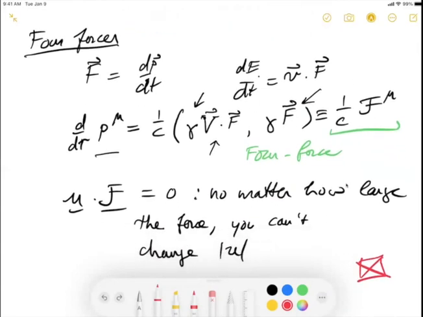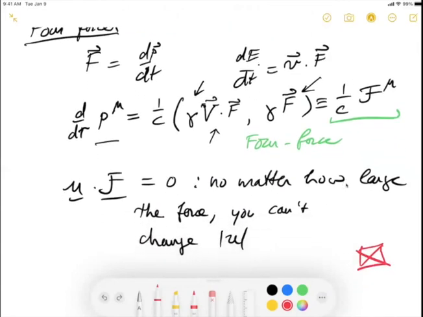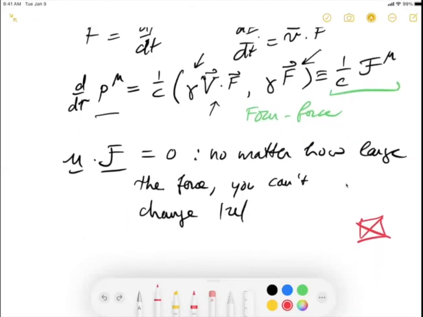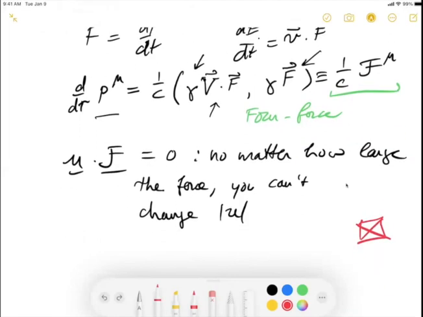And the spatial part is just a regular dp dt, which is gamma times f. And you get your 4 force. And then finally, if you work out that dot product of u dotted with f in the Minkowski force space, you'll end up getting 0 again, because no matter how big your force, you can't change the length of u. It's always going to be 1. So there you go.